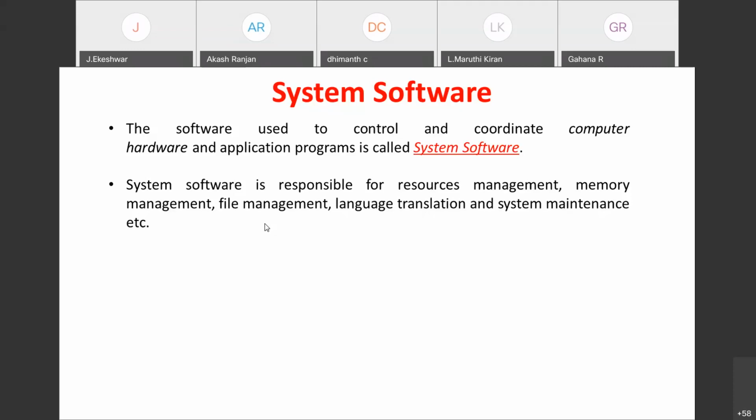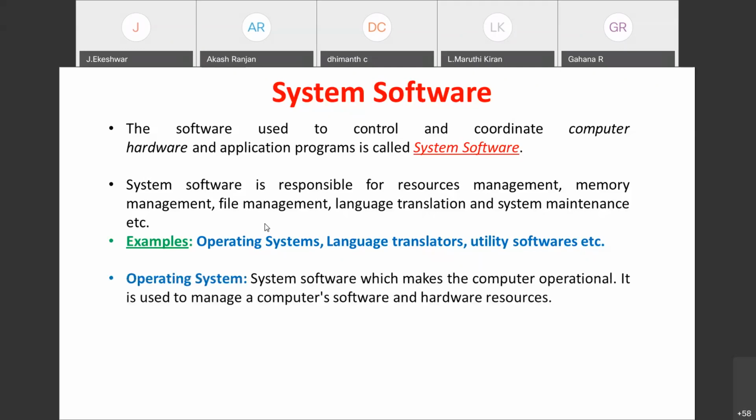I'll just list a few system software examples: the operating system, which is the major system software, language translators, utility software, etc. Coming to the operating system, it is a system software which makes the computer operational.